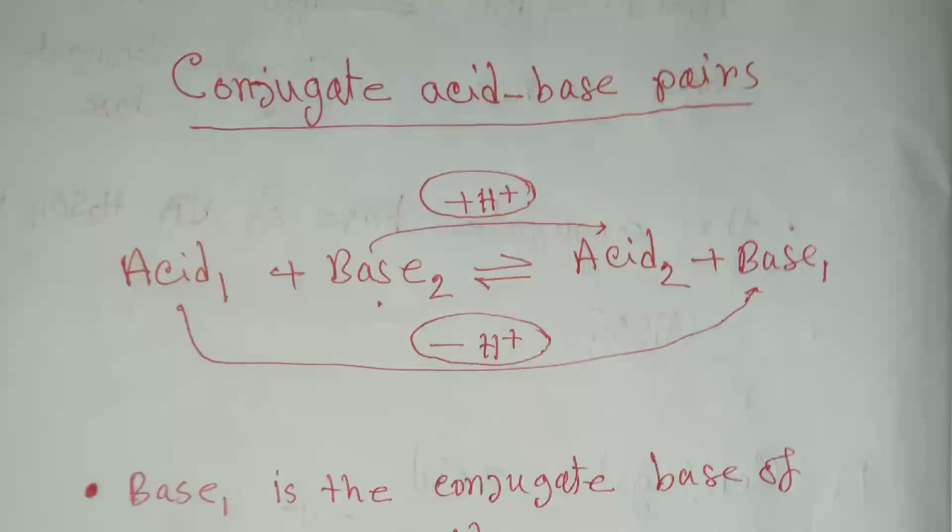Now we'd like to learn about conjugate acid-base pairs, right? What is that? You know that in an acid-base reaction, acid 1 and base 2 react with each other and produce two products. From acid 1 we'll get base 1, and from base 2 we'll get acid 2, right?